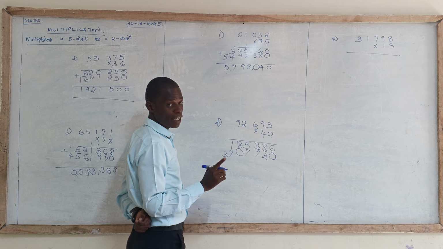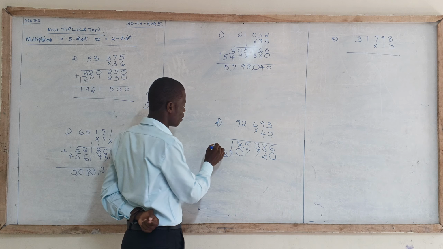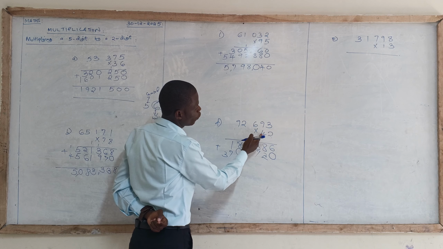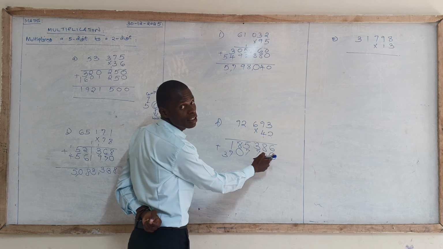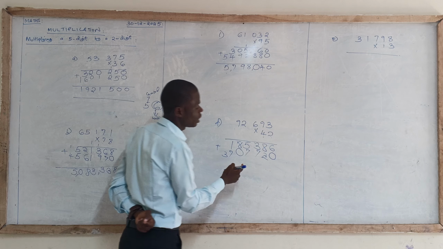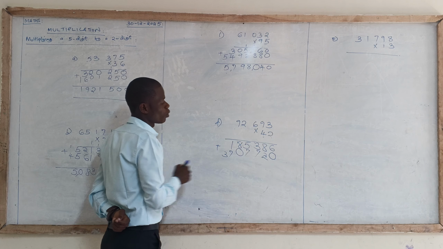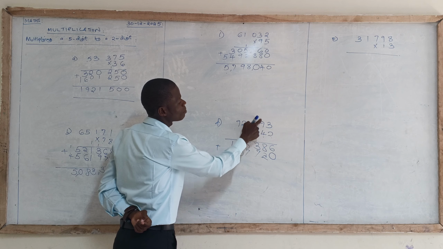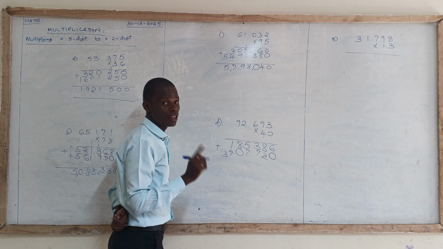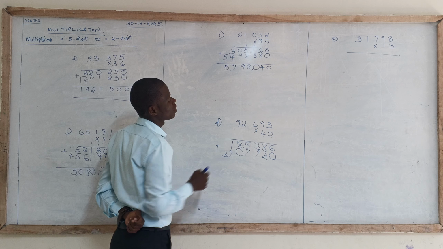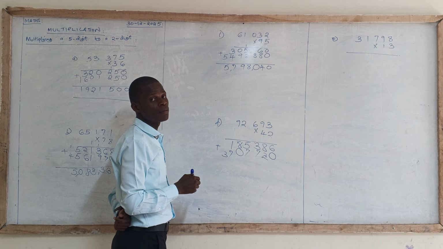Let us recheck to avoid making mistakes at the last stage. We start by writing 0. Then 4 times 3, we have 12. We write 2, we carry 1. 4 times 9, what do you have? 36 plus 1, 37, carry 3. 4 times 6, what do you have?